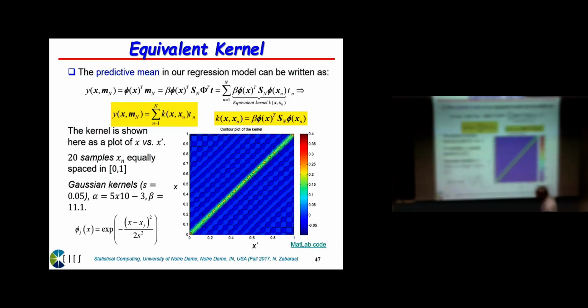And more interestingly, why I wanted to tell you about these kernel methods is, you may ask the following: wait a second, these kernels here, you define directly in terms of the basis functions. Can I actually use this expression to start with and put an arbitrary kernel there without any basis functions? And the answer is yes. That's the paradigm of using kernel methods, basically, to do regression and everything else in machine learning.